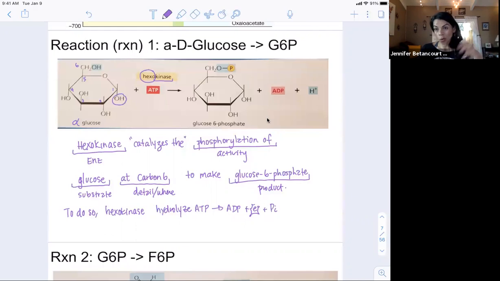And ADP is like, cool, I'll just go back into the cytosol, and I still have 2 phosphates. I could be used for other things, no worries. So in this case, ATP is the cofactor for the enzyme. Okay, so that's pretty much it. That's reaction number 1 already.